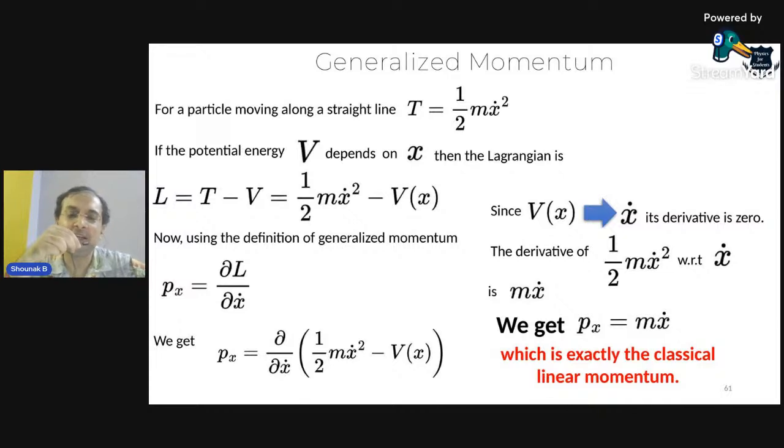If the potential energy V depends on x, I calculate the Lagrangian. We know the value of the generalized momentum here, and since V(x), the potential energy, does not depend on x dot, I calculate the derivative with respect to x dot, and finally what we get again is the classical linear momentum. So it tells us that our calculations are correct.